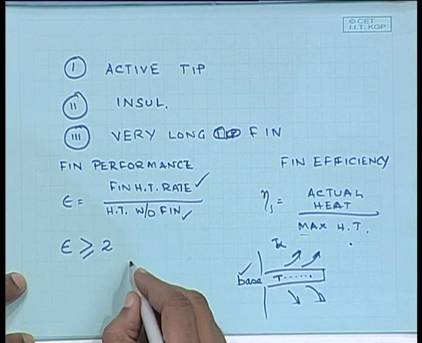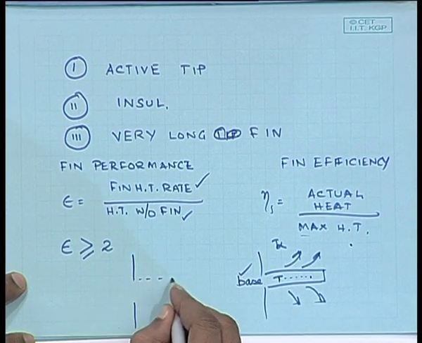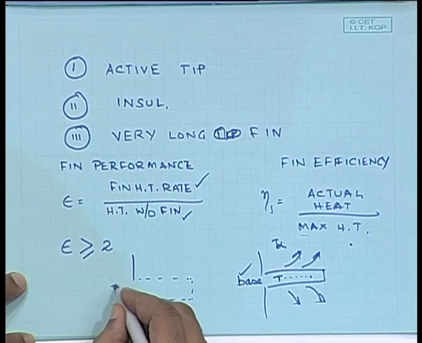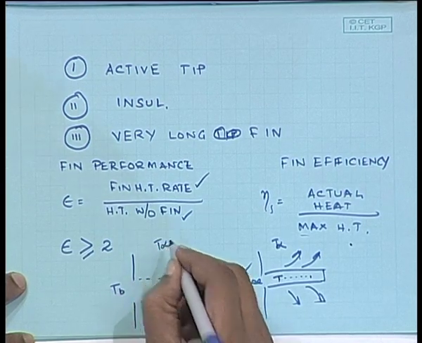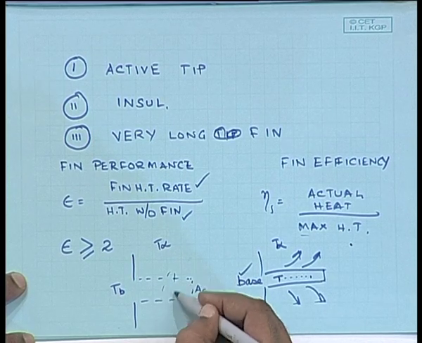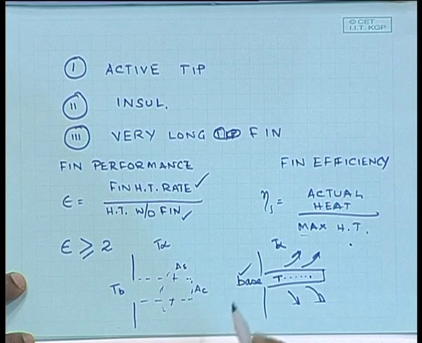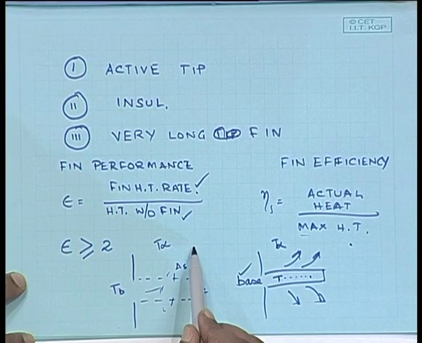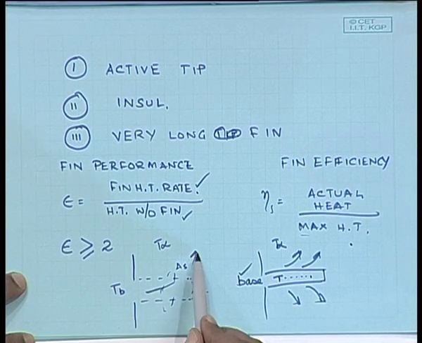I have a surface, and I suppose I have attached a fin. The temperature here is T_b, temperature here is T infinity. This surface area is obviously A_c, and this is my A_s. So, epsilon is defined as the fin heat transfer rate, which is the amount of heat transfer that goes out of this.